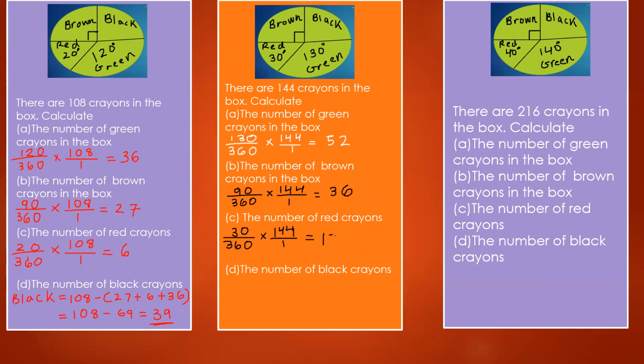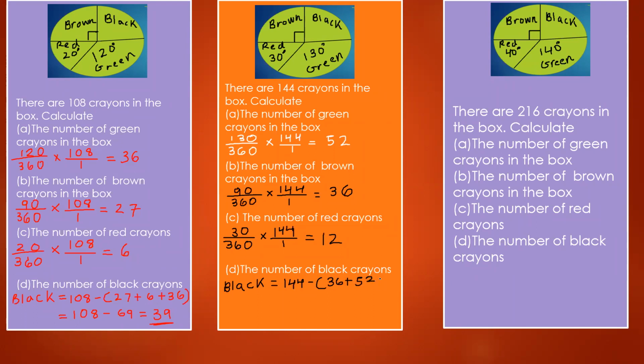And how do you get the number of black crayons? What did you get for that? Add all the crayons already found and subtract it from the amount inside the box, and then the remainder is the number of black crayons. So it's 52 plus 36 plus 12, which equals 100.